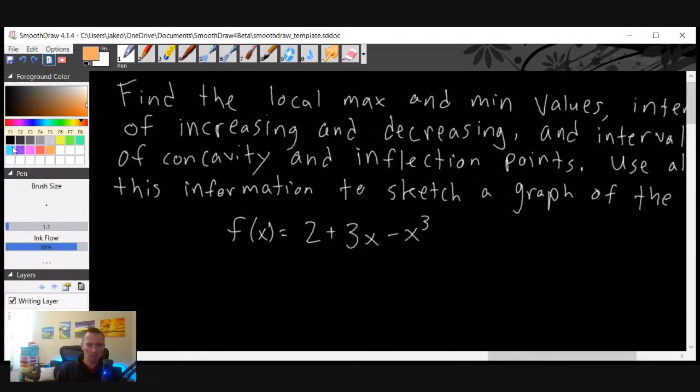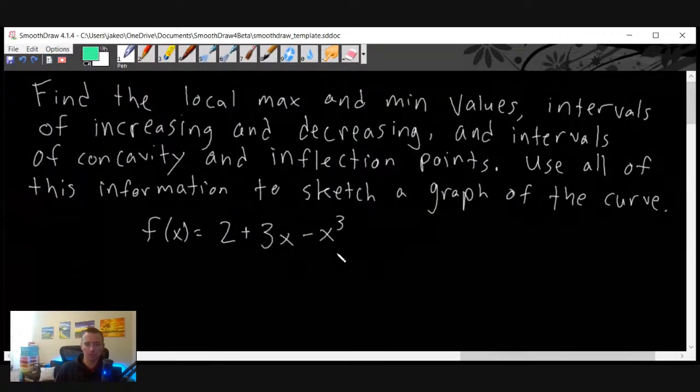So let's go ahead and start pretty much just by taking the derivative. That's generally how all these problems start, where we're asked to find the intervals of increasing, decreasing, the critical numbers, the inflection points, all that kind of stuff. So first of all, we just need to find the derivative of our function here. We can just take it term by term. Derivative of 2 is 0, so that's not going to do anything.